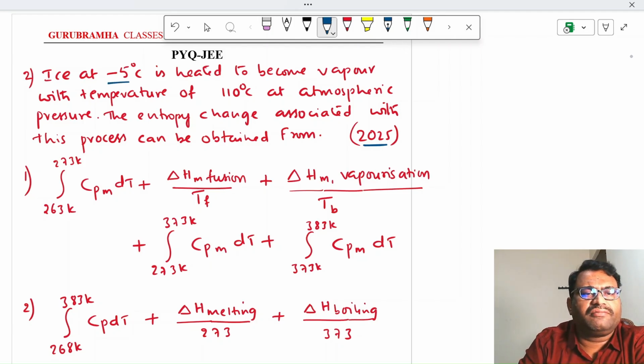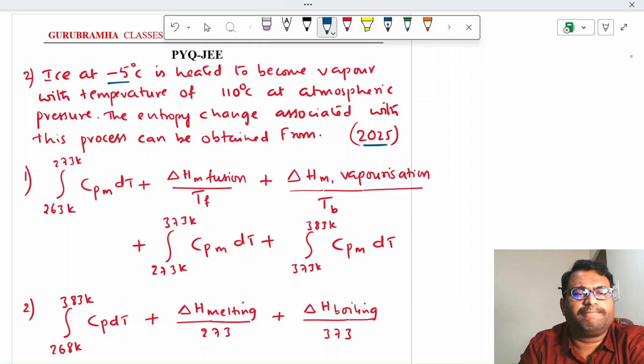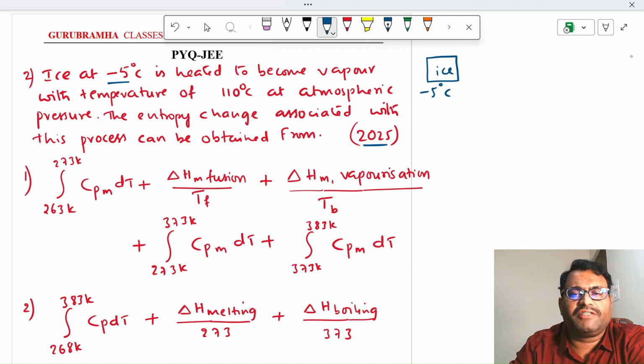Ice at minus 5 degrees centigrade. Converting it into Kelvin, 273 minus 5 gives 268 Kelvin. So ice is at 268 Kelvin.